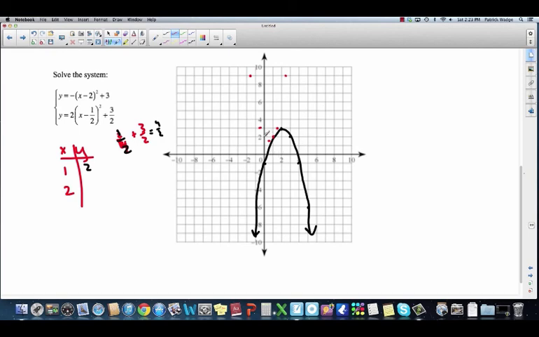If we have that point, we must also have that point there. Let's figure out this other point just for kicks. 2 take away a half is 1.5, and 1.5 is the same as 3 over 2, right? Then we're going to square it, so you get 9 over 4. Then you're going to multiply it by 2, and you could simplify this, so make it 1 and 2.